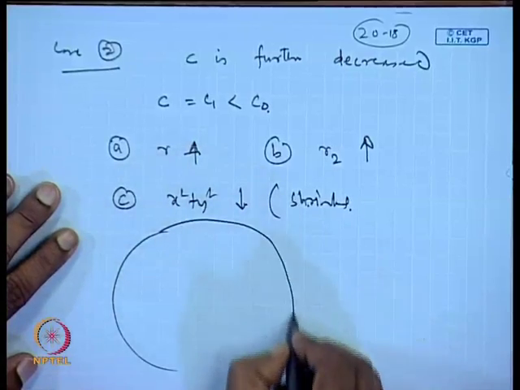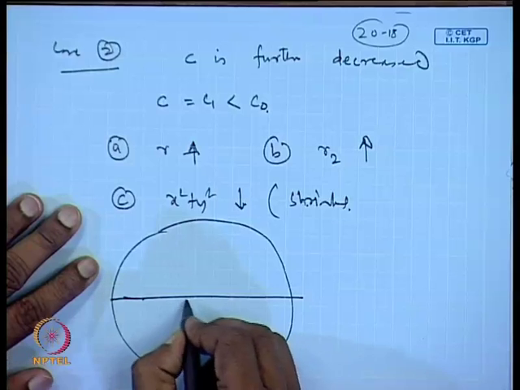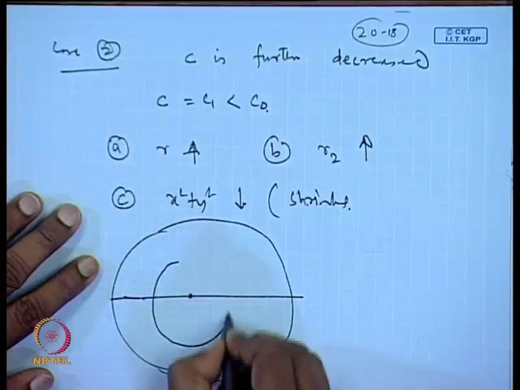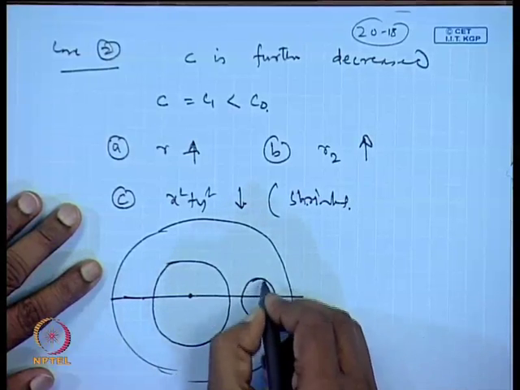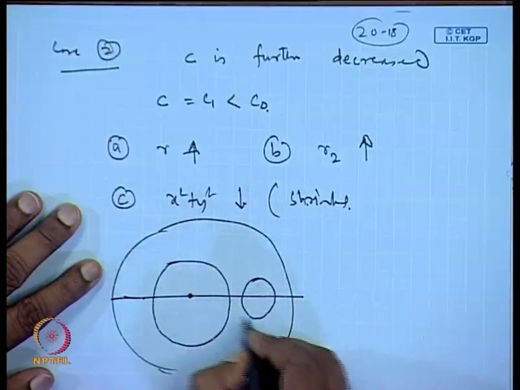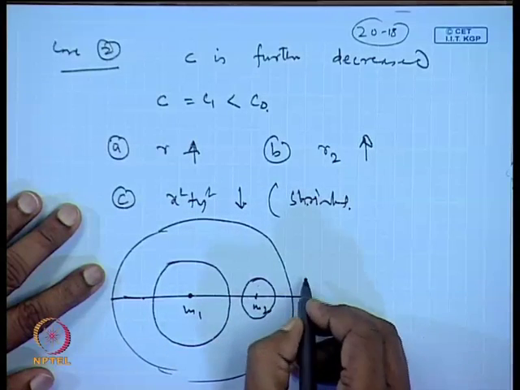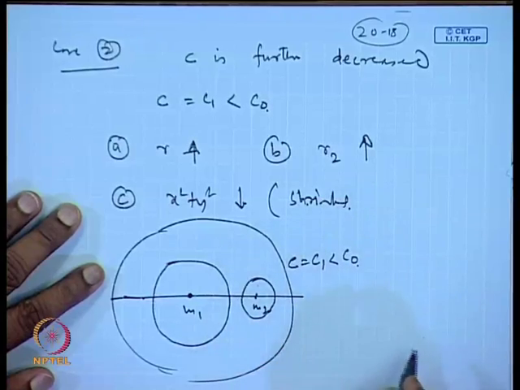So, now we can depict this: this goes up, this goes up. m 1 is here, m 2 is here, and this is c equal to c 1 is less than c 0.